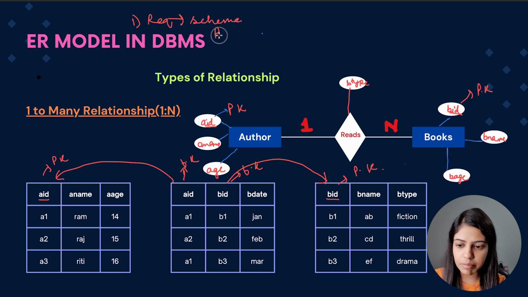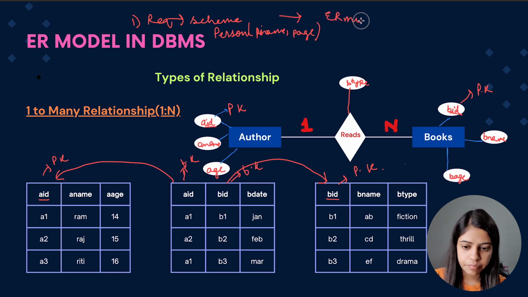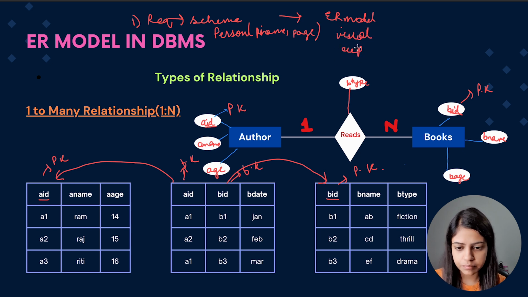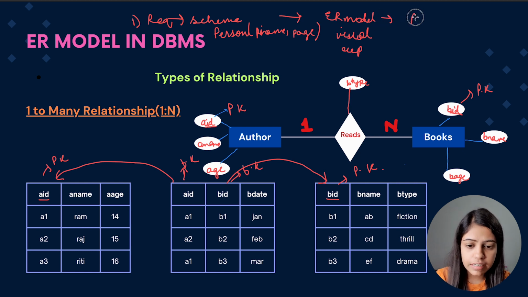Basically the schema is like person and the attributes or characteristics of person, such as person name, person age, etc. From this schema we draw the ER model, which is basically the visual representation of data. And after the ER model there comes a relational model.